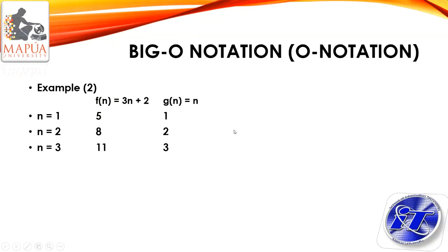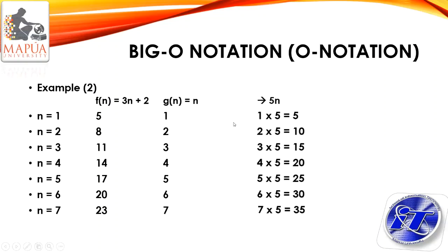As you can see, there is no possibility that n will become bigger than 3n plus 2 if there is no multiplier with n. But don't forget, f at n should be less than or equal to c times g at n. So we could introduce a multiplier to our g at n so that it could be bigger.